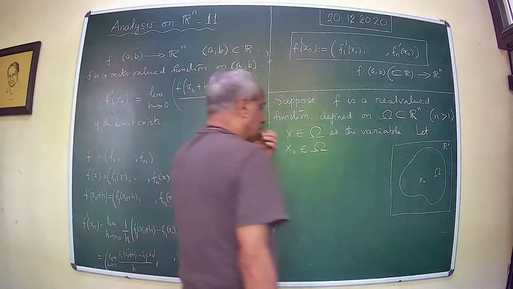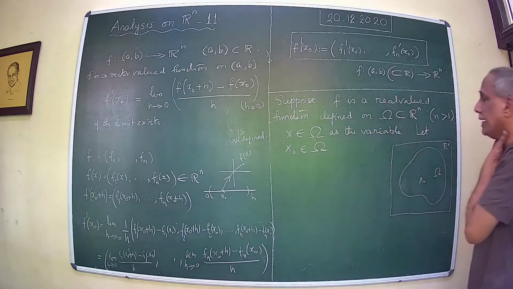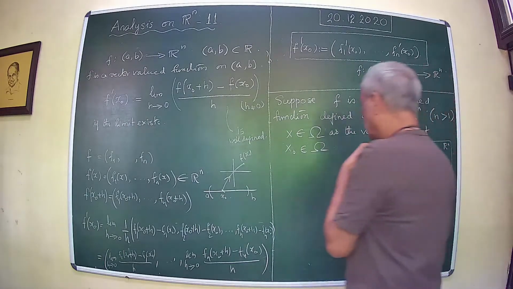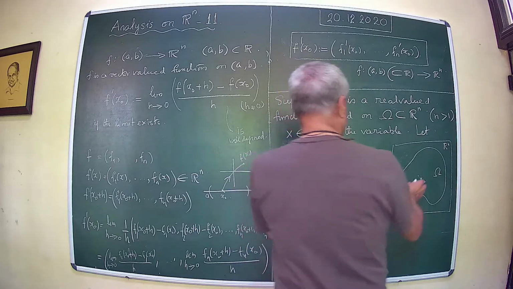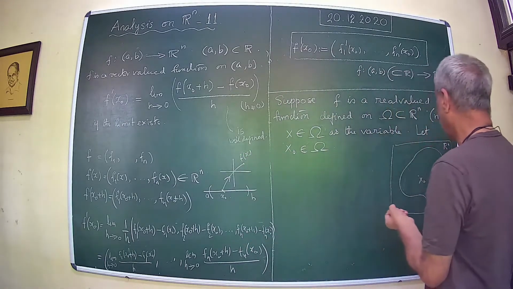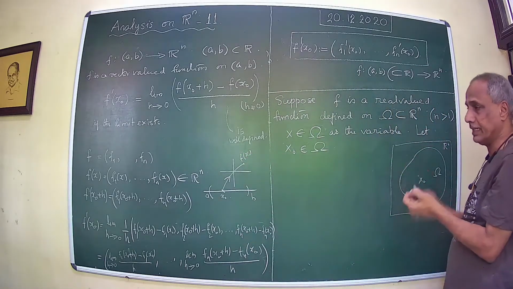So let us try to work out the same idea. Okay? What do we do? We take an increment. Now in this case the increment is going to be a vector.